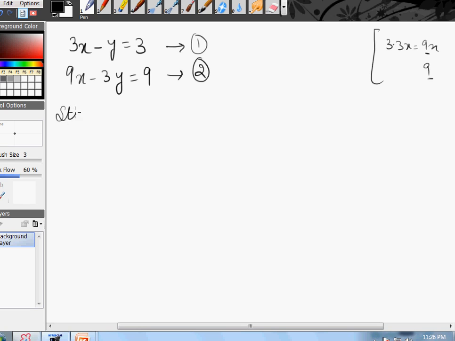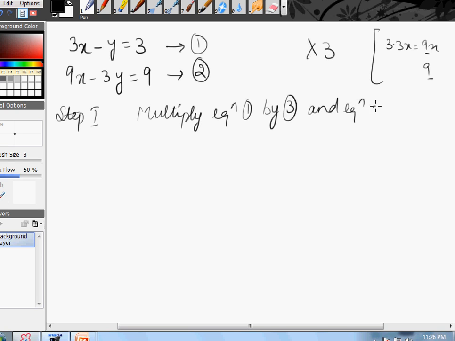Therefore, according to step 1, multiply equation 1 by 3 and equation 2 by 1. This is another way of saying that leave equation 2 as it is.